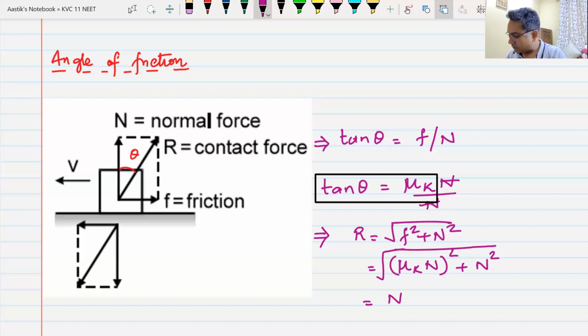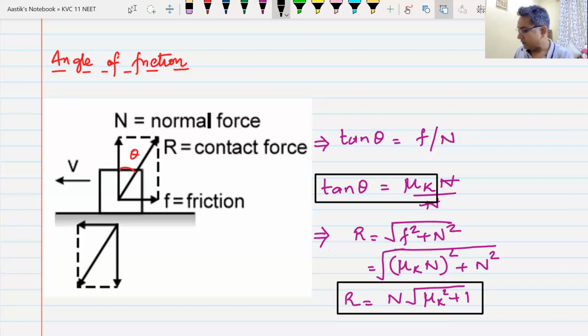So N will come out and it will be root of mu k square plus 1. That would be the value of your reaction force. So there are two things. They might not ask you in NEET, but since you know, you can write out these two things. I'll give you 1 minute to note it down.